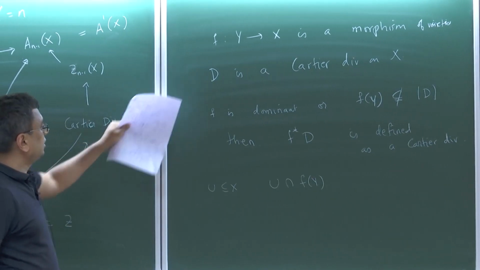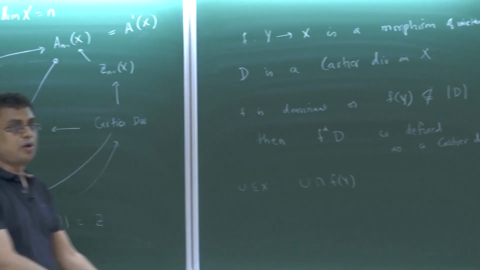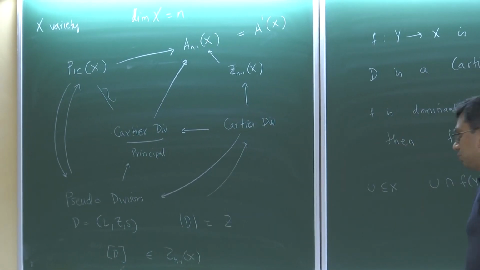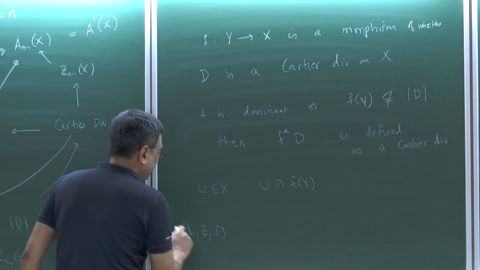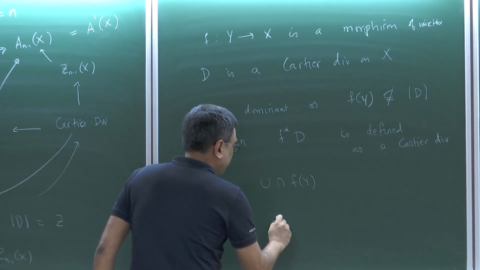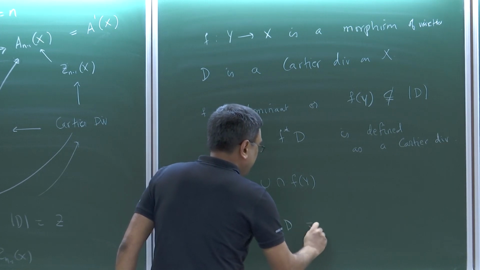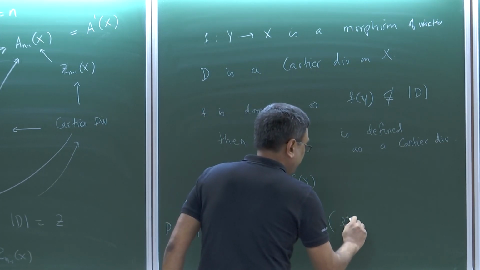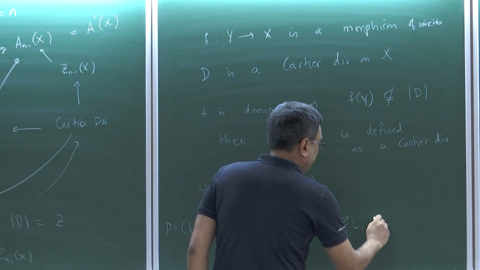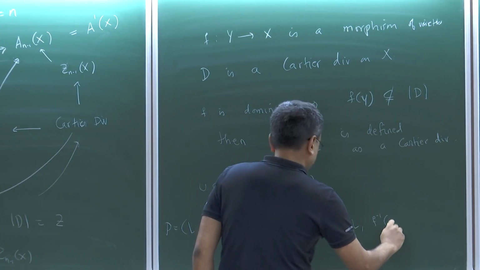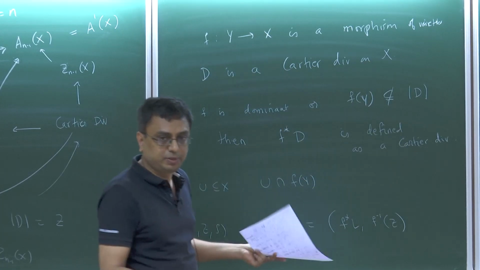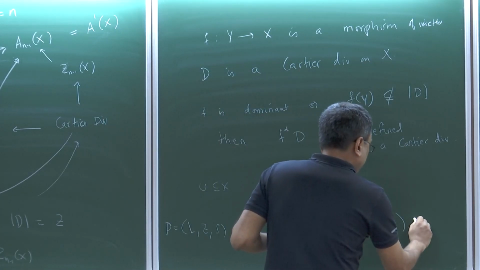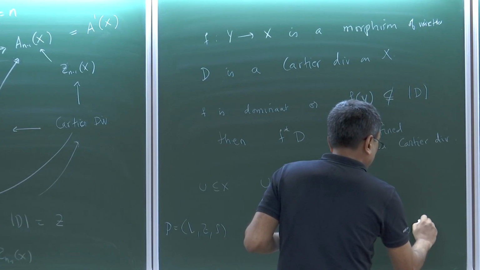But the advantage of pseudo divisors is I can always pull back pseudo divisors. So if (L, Z, S) is a pseudo divisor, then f^* of this D is defined to be f^*L. Then I take the inverse image of this Z. Okay, it may be whole of Y, it may not be whole of Y. Then of course I pull back this section.